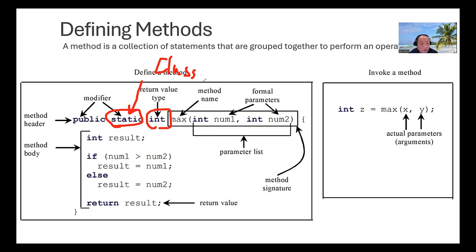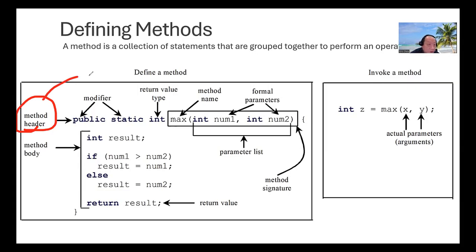An instance function is a function belonging to an instance object. We talked about this before, but right here just remember there are static and non-static functions. Then public or private means whether other modules can call it or not. So this is the whole method header, or sometimes we call it the prototype.